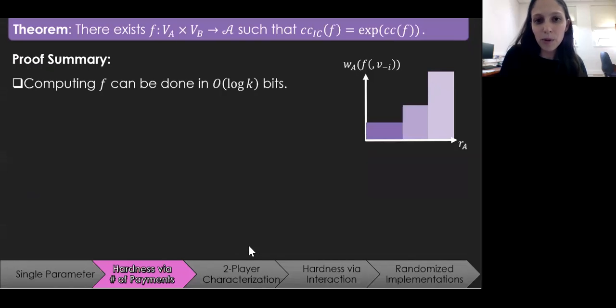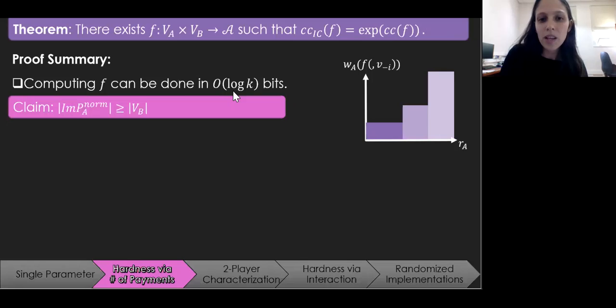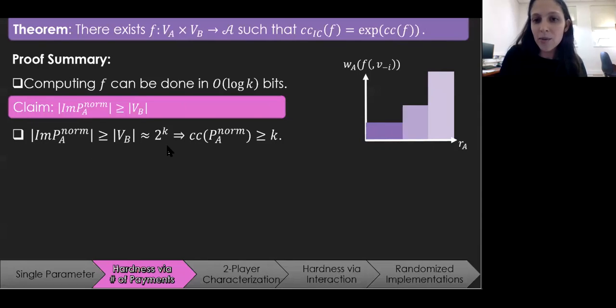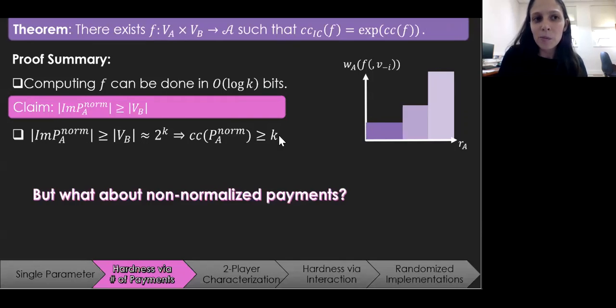So let's sum up the proof. As I've said before, computing the function can be done in log k bits, and the range of this payment is at least the size of the valuation set of Bob. It is exponential in k, which means that computing this payment requires at least k bits. But we said before that we show hardness also for non-normalized payment schemes, and here we've shown hardness only for this normalized payment.